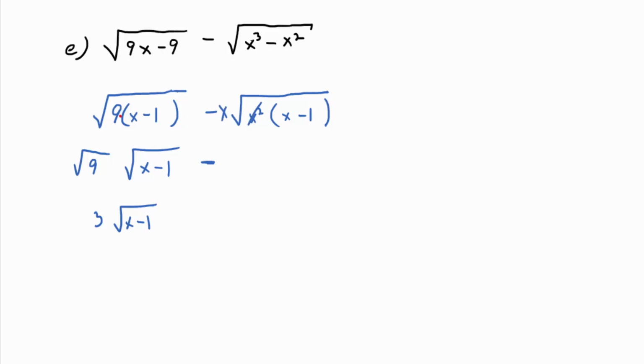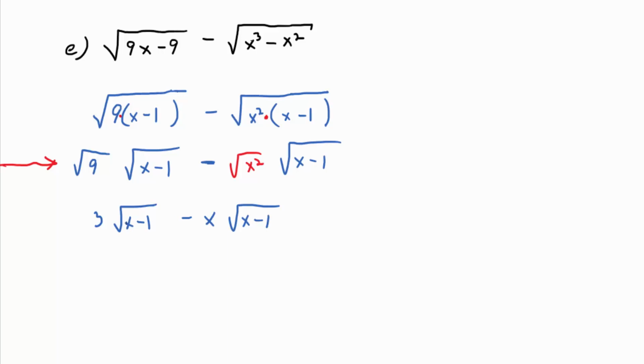The step you're not necessarily going to show is this one, but since I showed it for the first radical, I'll show it for the second one: the square root of x squared times the square root of x minus 1. We're splitting up over this operation of multiplication, right? And likewise, you can't split up the square root of x minus 1. Then what's the square root of x squared? As long as x is non-negative, x times the square root of x minus 1.